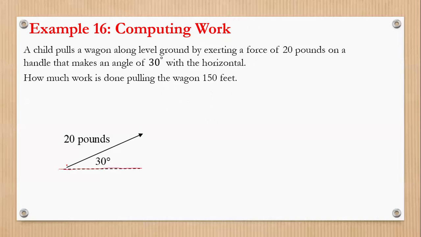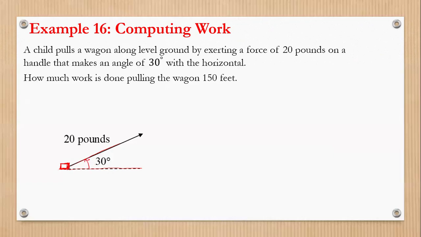So there is an object over here, that's a wagon, and it's a force of 20 pounds, which means the F is 20. And the angle that the handle makes with the horizontal line is 30 degrees.